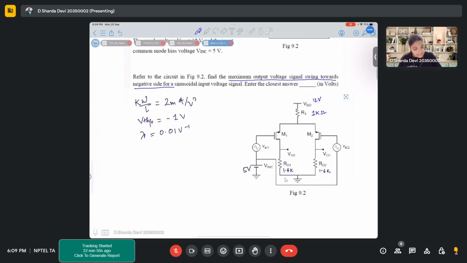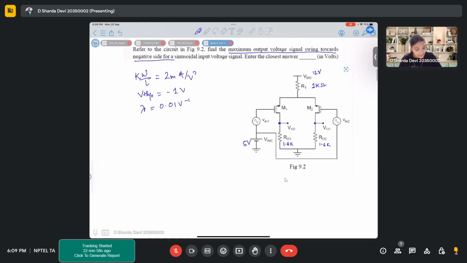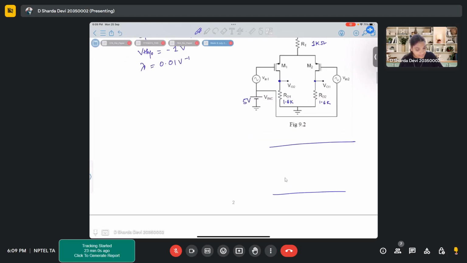So that means here this Vout will be fixed at a DC voltage, right? So it is like VDD to ground rail. In between somewhere there will be Vout DC voltage because of the DC biasing.